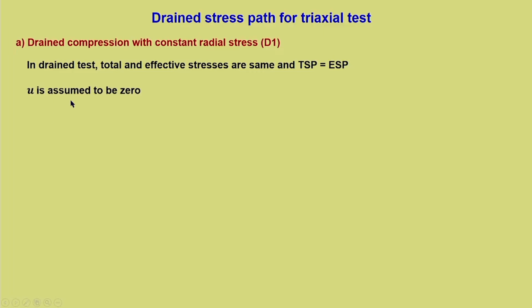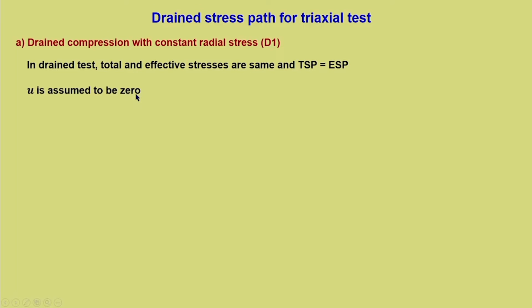Constant radial stress means sigma R is not changing, so compression is brought out by sigma A. Now, this is a very typical common triaxial compression test. In drained test, total and effective stresses are the same, and hence the total stress path is the same as the effective stress path. U is assumed to be 0.